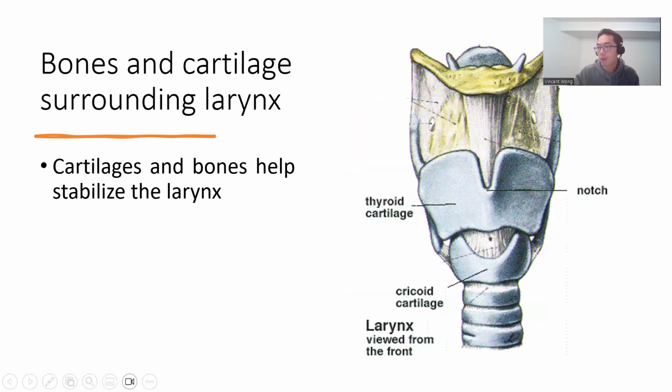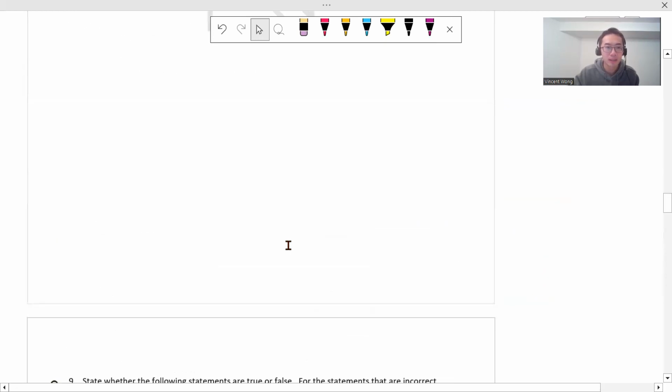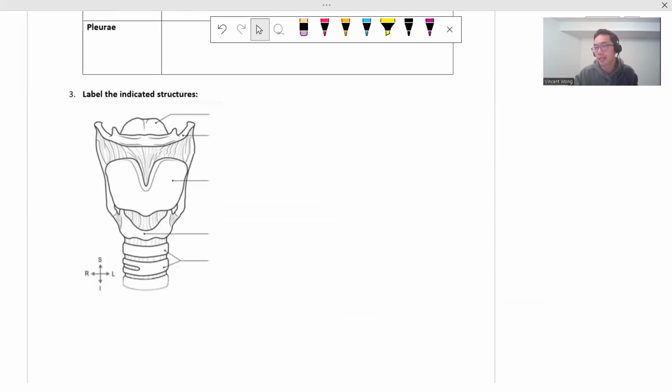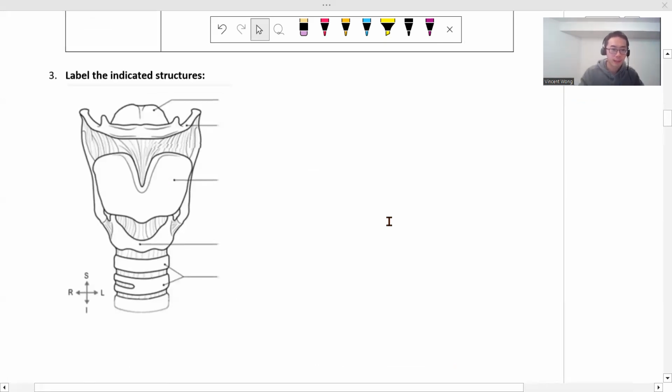So let's take a look at a couple of bones that surround the throat area here, and there's another picture in the study guide. I'll give you a moment to find that, and you also have a model of this in the lab exercise. Over here, in case you're wondering, I means inferior, S means superior, and this is just left and right.